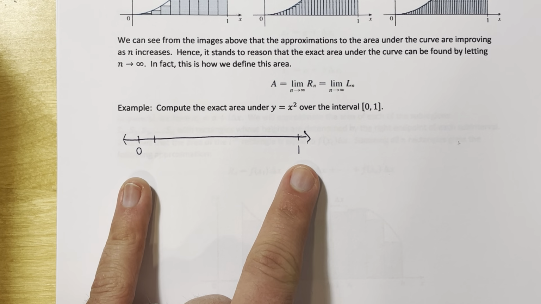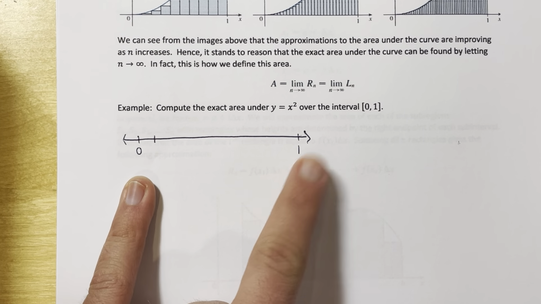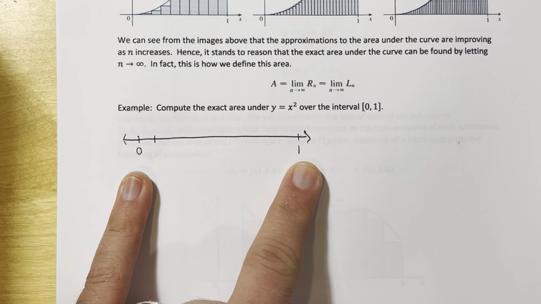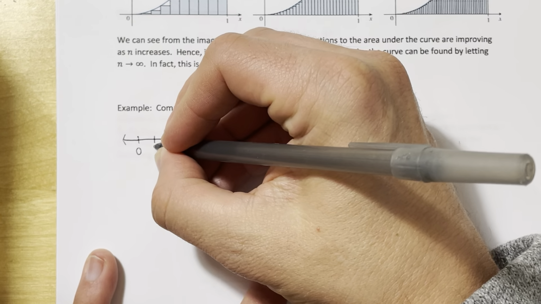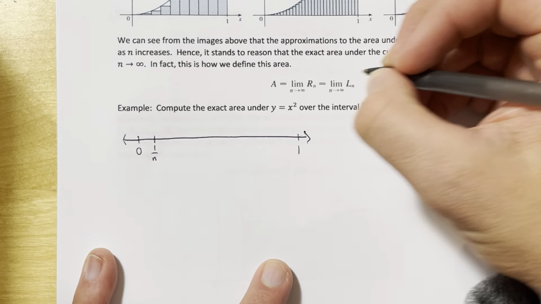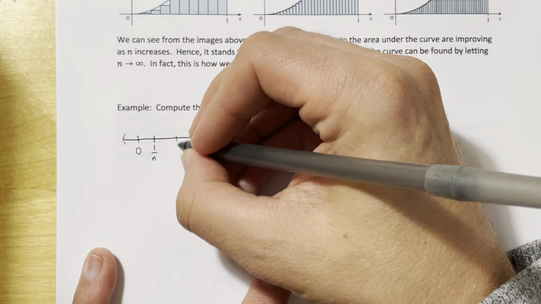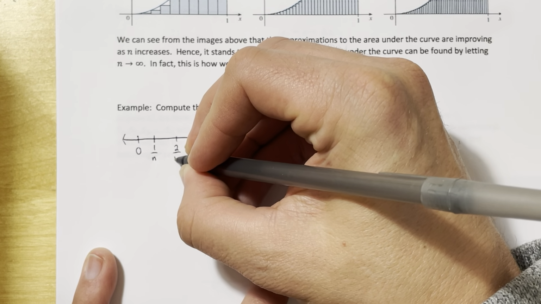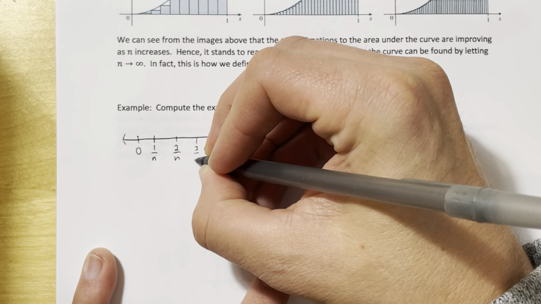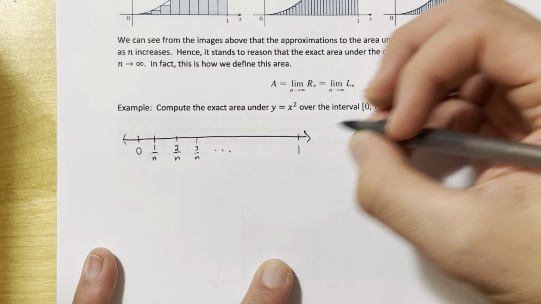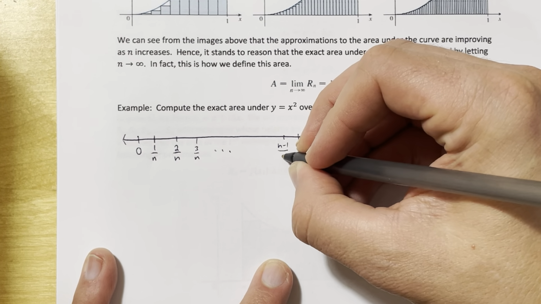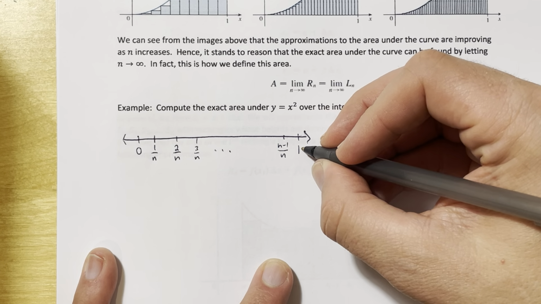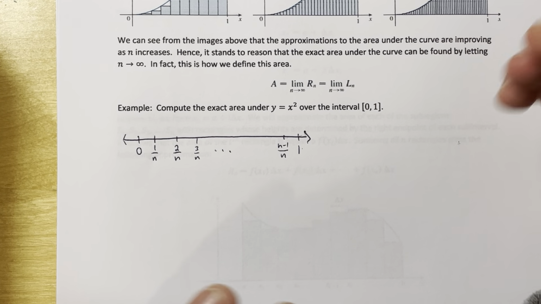Well, the length of this interval is 1. 1 minus 0 has a total length of 1, and I'm dividing that into n equal pieces, which would give me 1 over n for that value. Next would be 2 over n, and then 3 over n. And this would continue until I got to n minus 1 over n, and then n over n, which is equal to 1. Okay, so that's where those subintervals are going to come from.